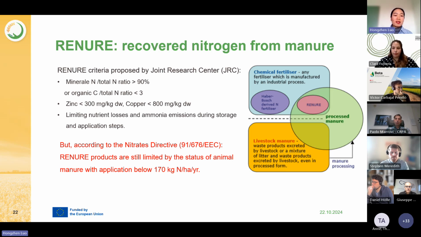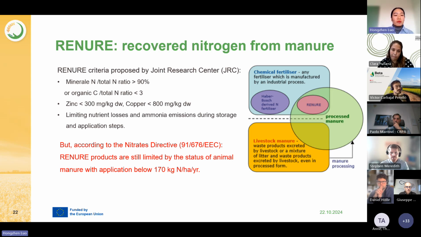To this end, the Joint Research Centre proposed RENURE criteria. That means recovered nitrogen from manure, to promote the use of recovered manure products in the field as a substitution for synthetic fertilizer, meaning they can apply above 170 kilogram nitrogen per hectare per year.